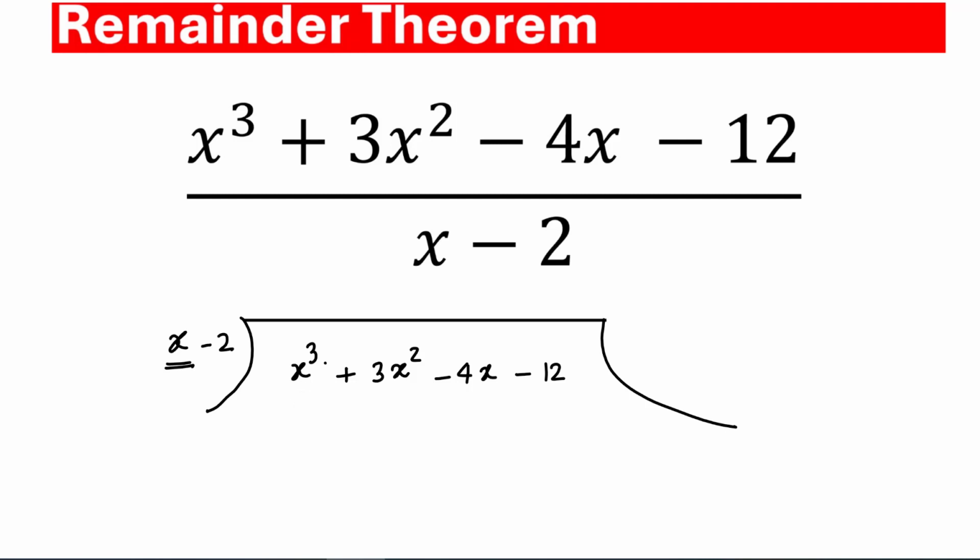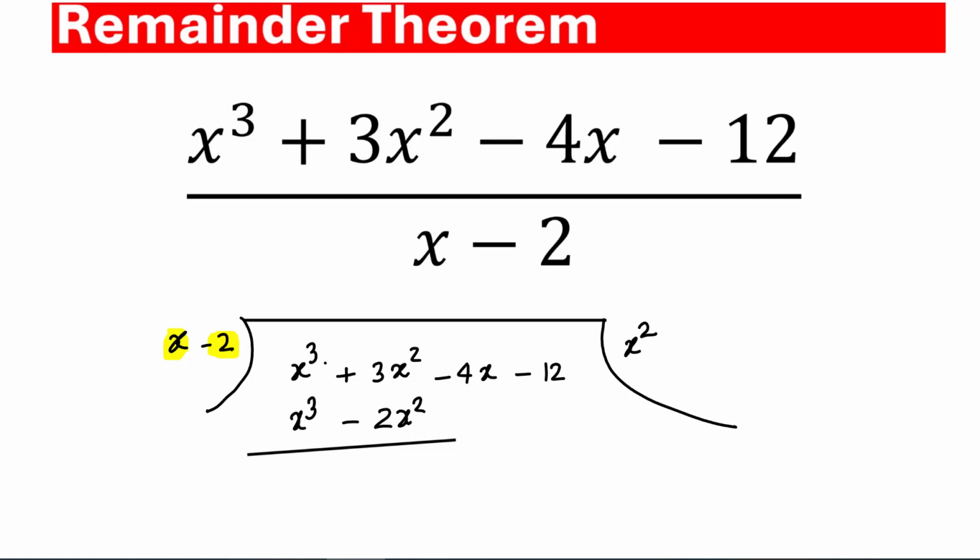Of course in this case we will have x square. So let us multiply x square with x and then with minus 2. First we multiply x square with x, then we will have x cube, and with minus 2 we will have minus 2x square. Now in the next step we have to subtract these two.